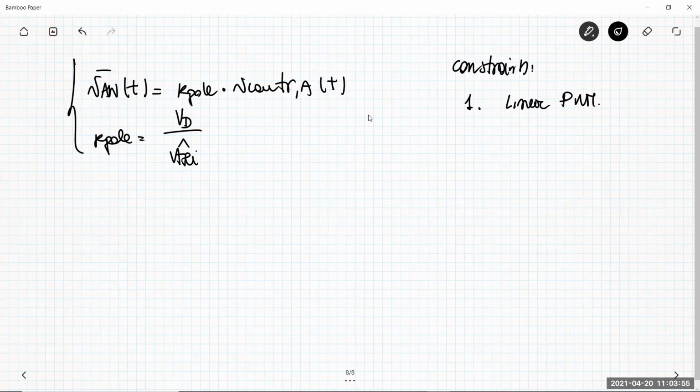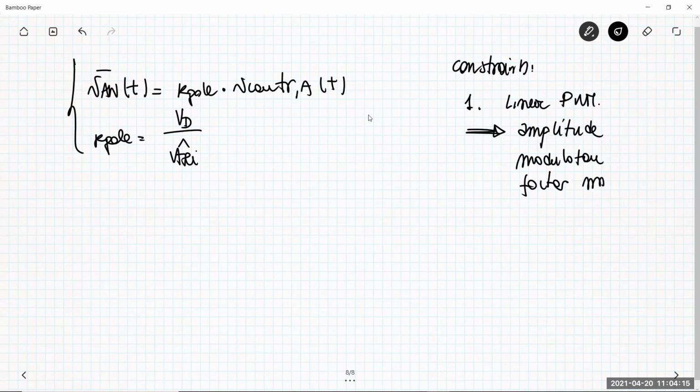Sometimes this can be expressed by using a parameter which is called the amplitude modulation factor, MA. MA is the ratio between the dynamic of the control voltage, peak to peak, divided by the dynamic of the triangular peak.